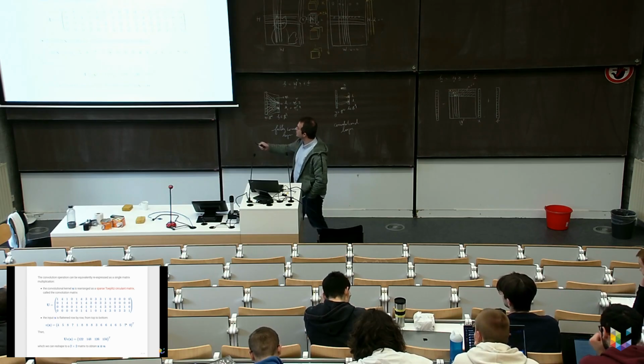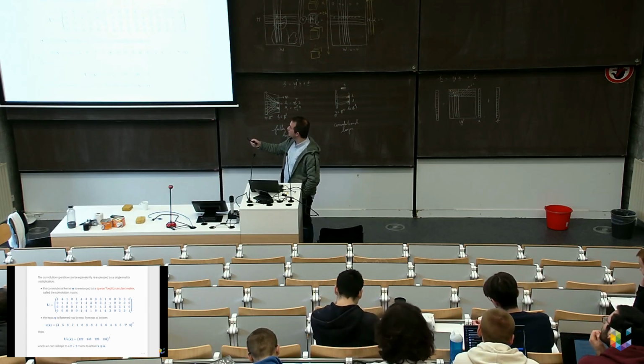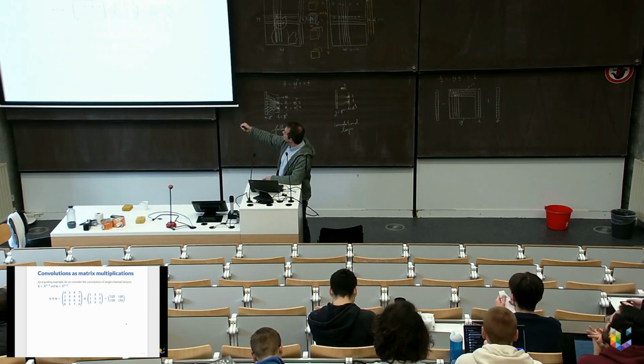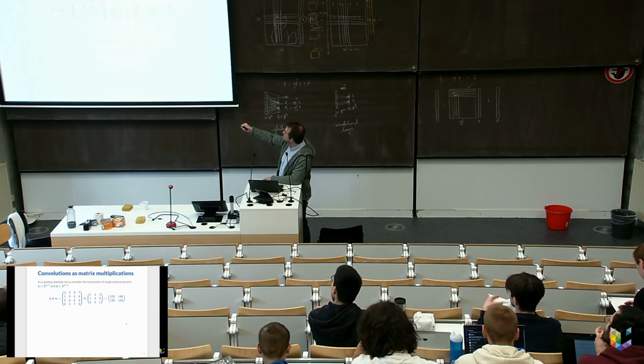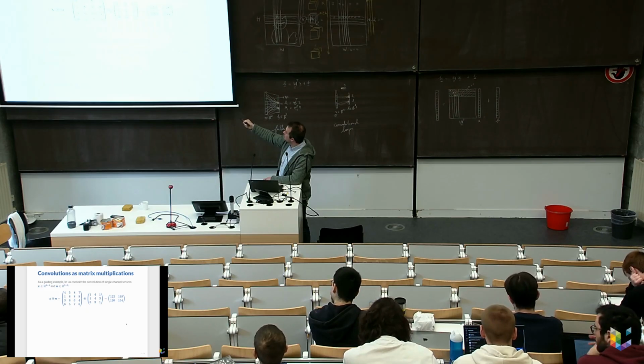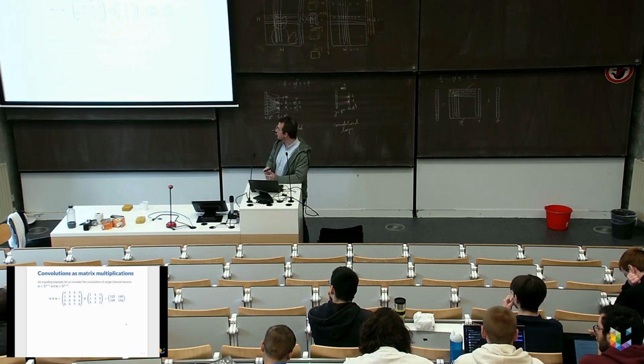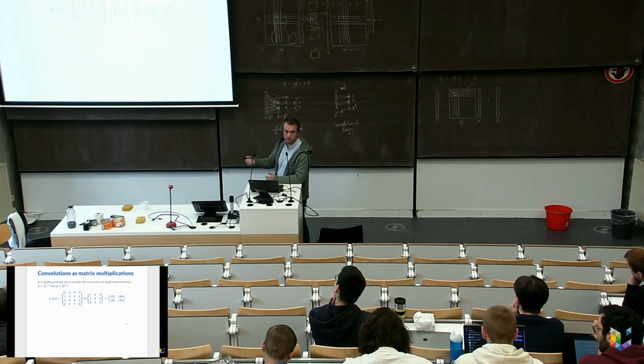In this case, for the first output, we have to use this region. That means all the elements outside of this region, so 7, 8, 4, 8, 7, 5, and 6, are not used in the computation of this output element.